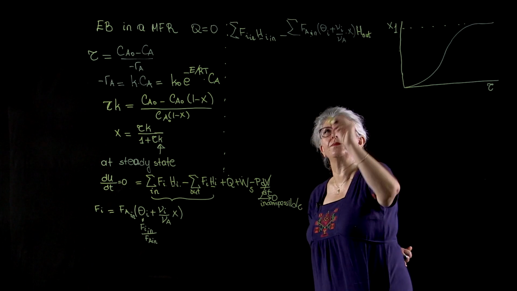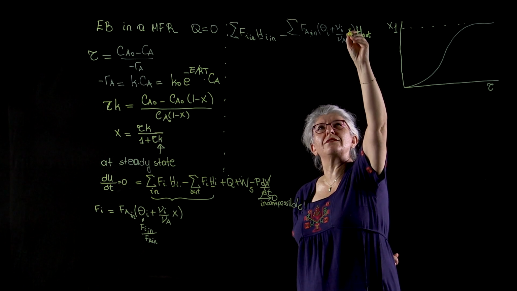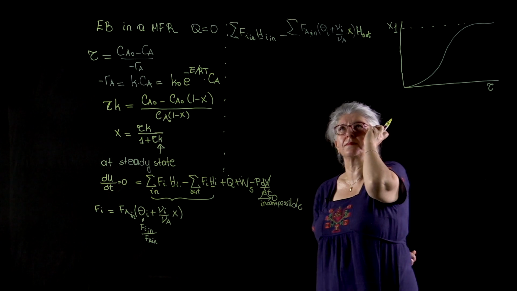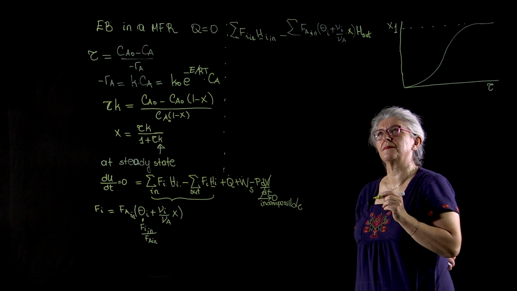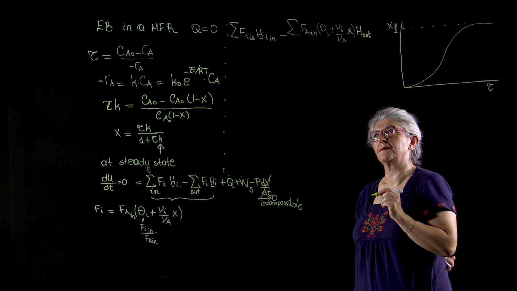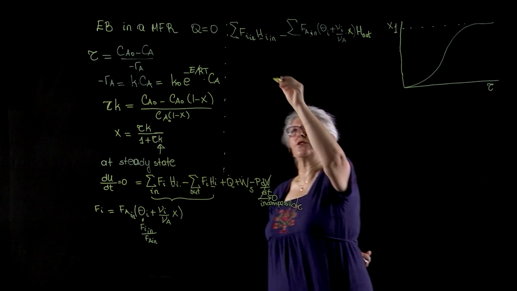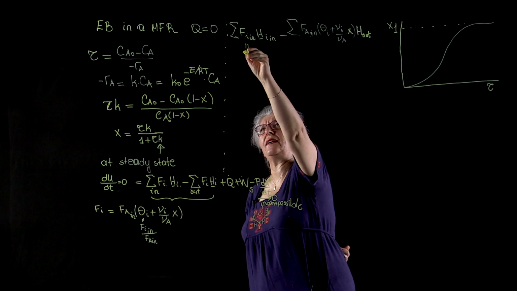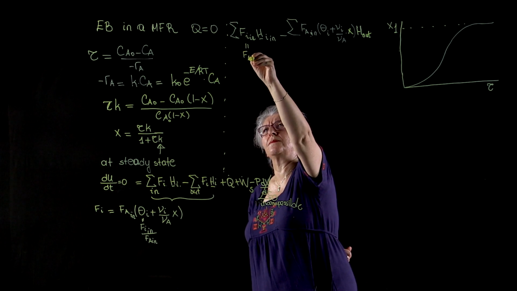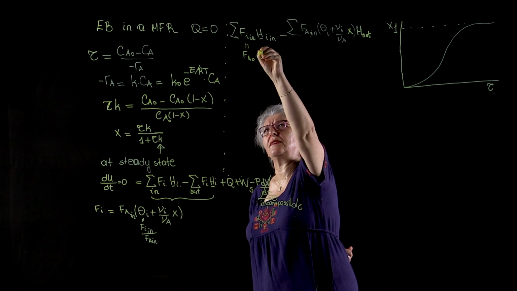This is the term that we're going to rearrange. So we can write Fi in as Fa0 times theta in, and we will rearrange.